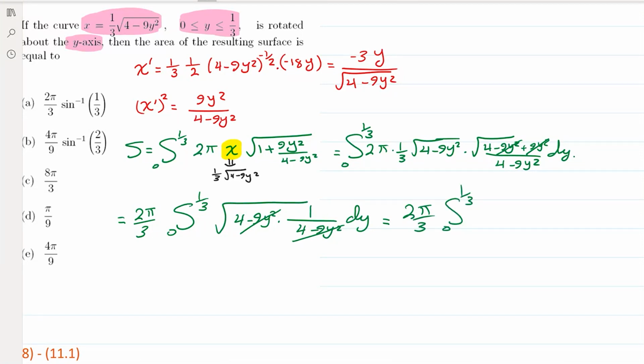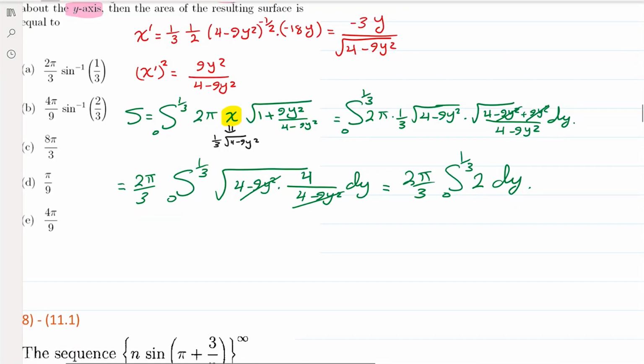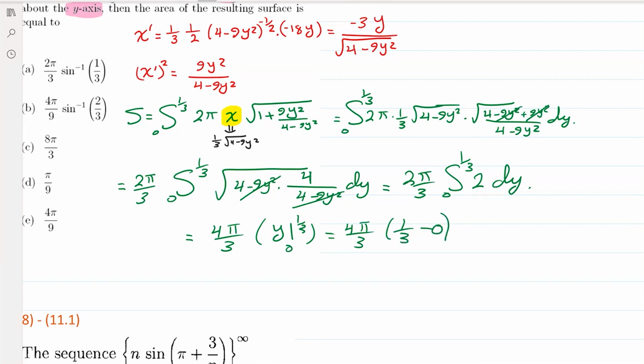There's a mistake: it should be 4 pi over 3, with 2 dy. The integral of dy is y from 0 to 1/3, so 4 pi over 3 multiplied by 1/3 minus 0. The solution will be 4 pi over 9.